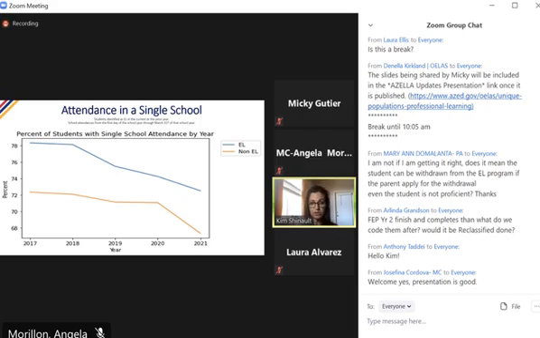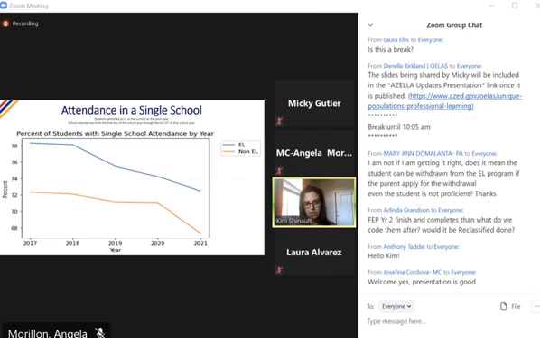You can also see that for EL students, more of them are staying within a single school than their non-EL counterparts, but we can see that the percentage for the EL students is declining as well. So what I'm getting at here is that we are seeing trends towards higher mobility within schools.